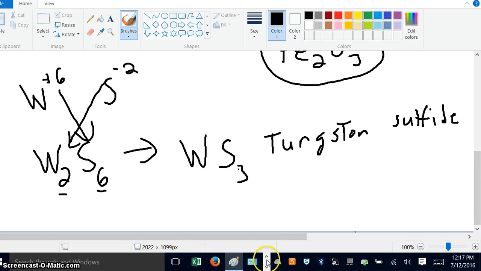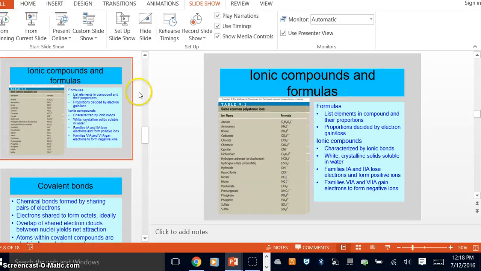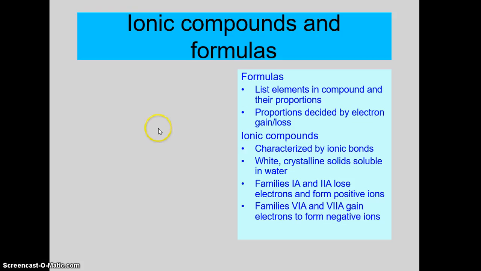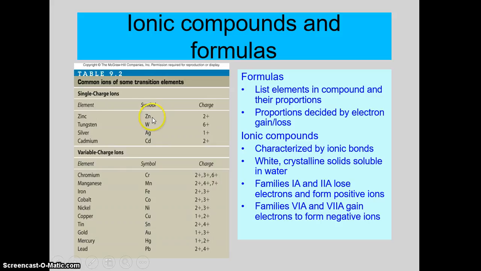We do not use a Roman numeral. These 4 are the exceptions. These 4, right here. Like I said, there's no such thing as tungsten 5 or tungsten 4, so you don't need to include the Roman numeral.